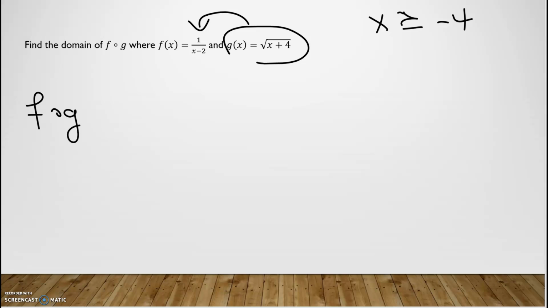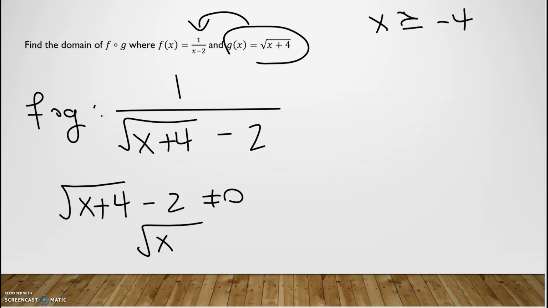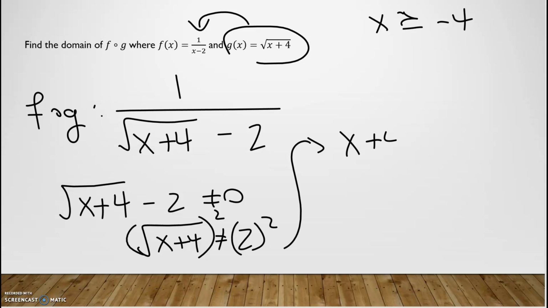So f of g is 1 over not x minus 2, but the square root of x plus 4, minus 2. Fraction again. So I need the square root of x plus 4 minus 2 to not be equal to 0. Move that 2 over and square both sides. So x plus 4 cannot be equal to 4. Subtract 4. So x cannot be 0.